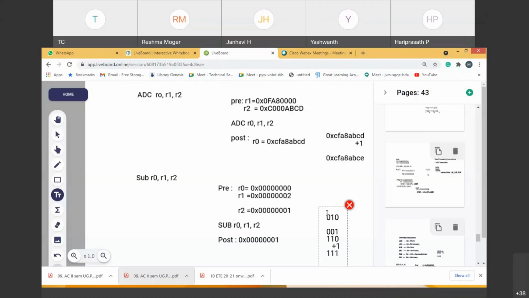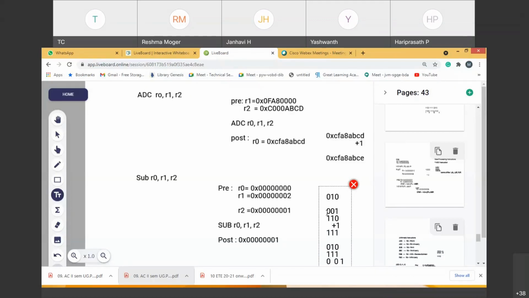If I add this to 0, 1, 0, you will get 1 as the result. Please understand. 1 plus 1 is 0 as the result, then carry 1, 1 plus 1, 0.